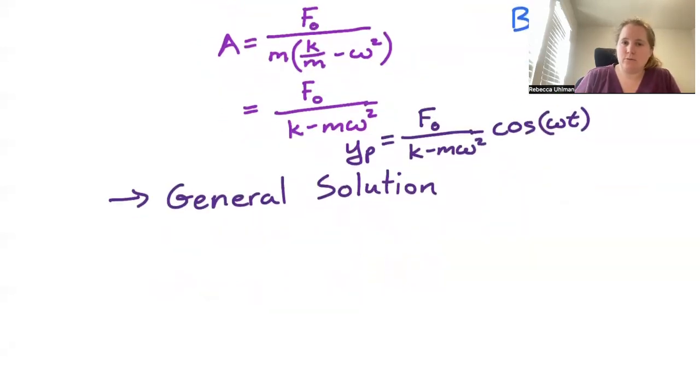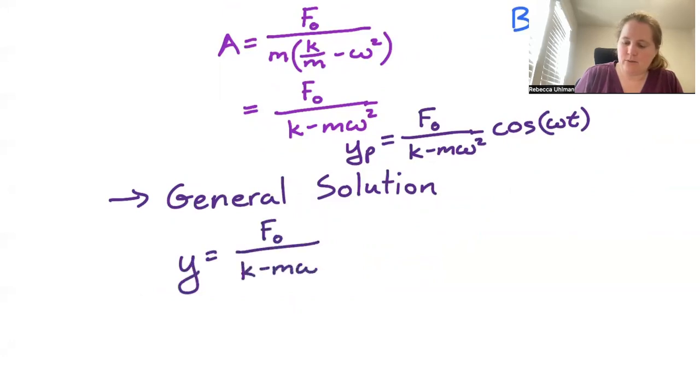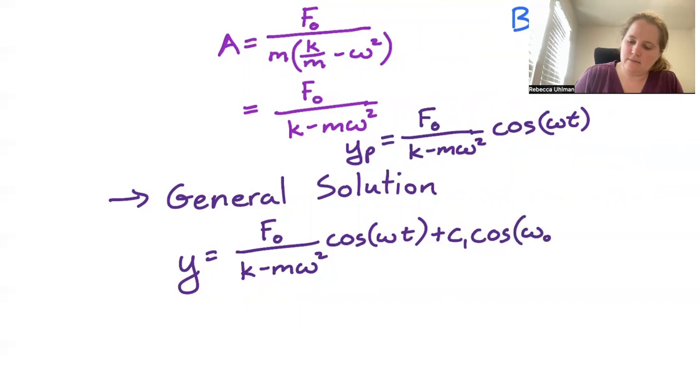Our general solution, therefore, is y is equal to f naught over k minus m times omega squared cosine of omega t plus c1 times cosine of omega naught t. Plus c2 times sine of omega naught t.